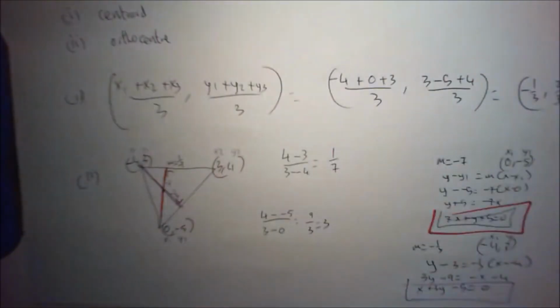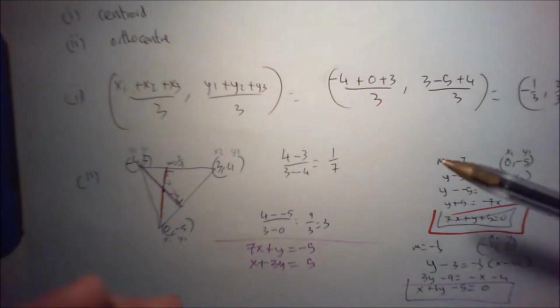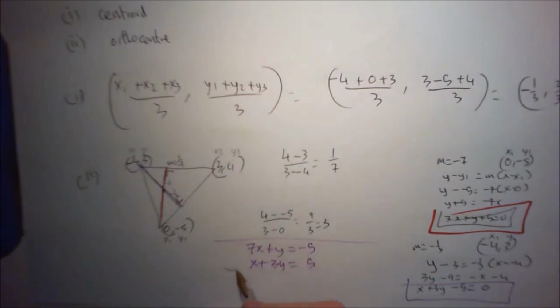So here I have my two equations. So very quickly, let's do 7x plus y equal to minus 5, and let's do x plus 3y equal to 5. So your choice. I'm just going to multiply the top line by minus 3, get rid of the y, solve for the x's, and bing, bang, boom, put it back in. Okay?